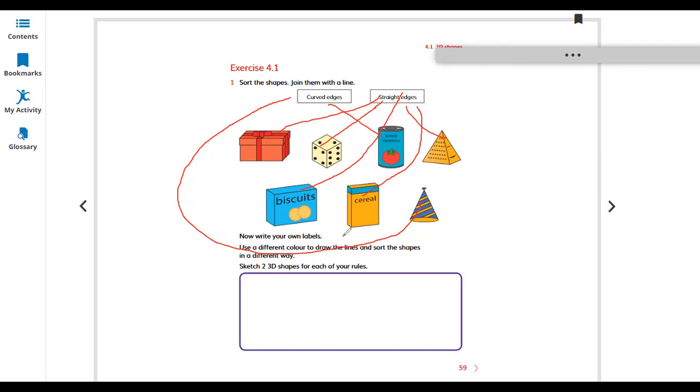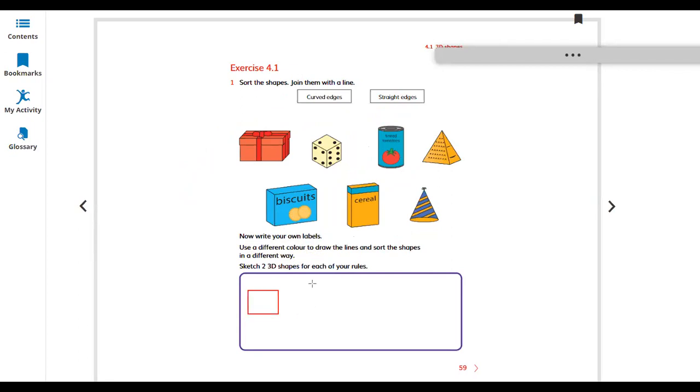Use a different color to draw the lines and sort the shapes in a different way. Sketch 2D or 3D shapes for each of your rules. So you can make different shapes here as you want. I just draw a cube. This is a square, and now we want to draw a cube.